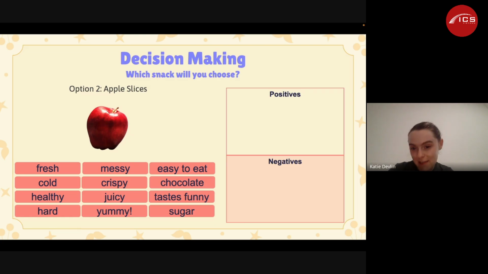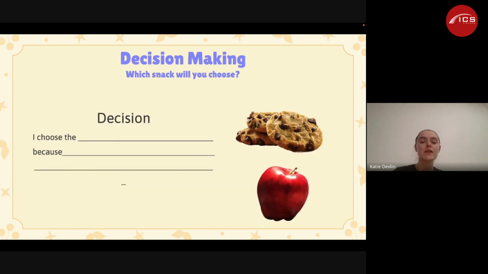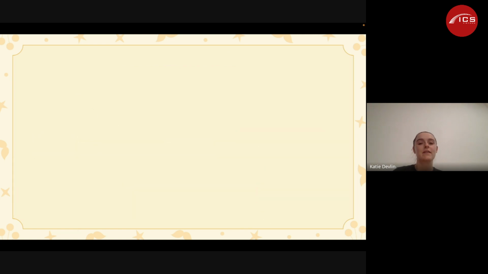You can choose cookies if you like. I chose cookies because they're yummy. I chose cookies because they are chocolate. I chose cookies because they're crispy. Okay, you can choose apples because they're fresh or juicy or healthy or yummy.